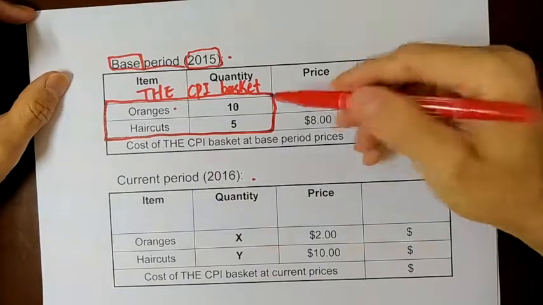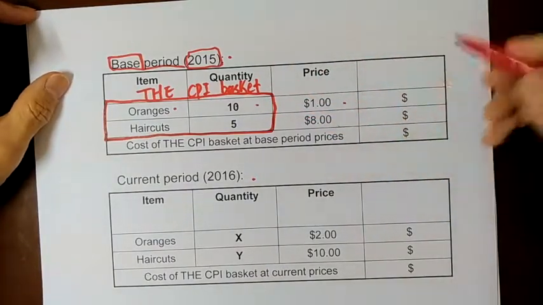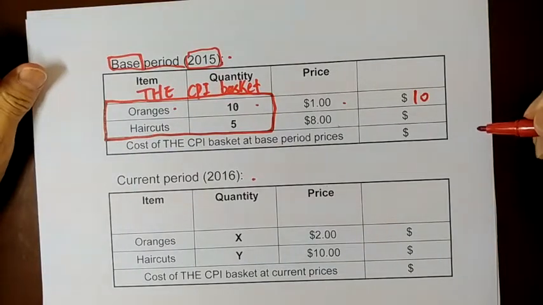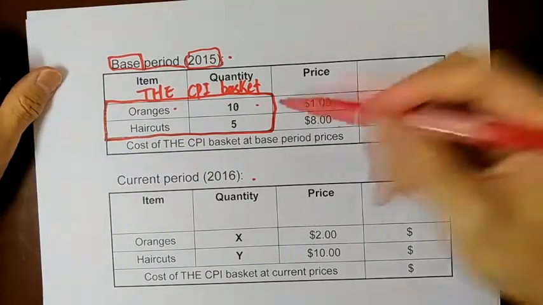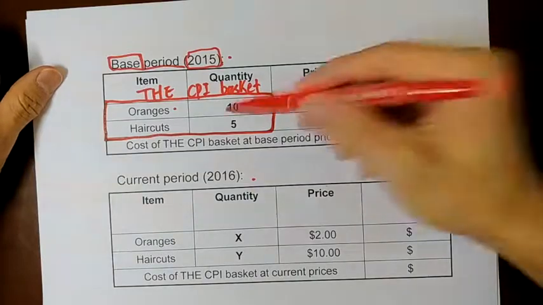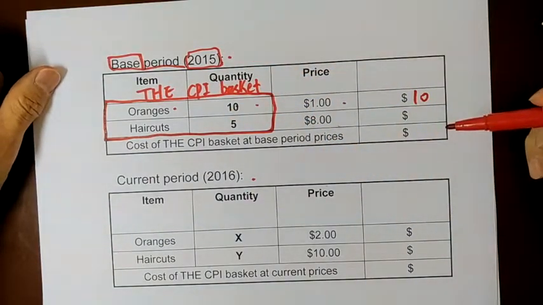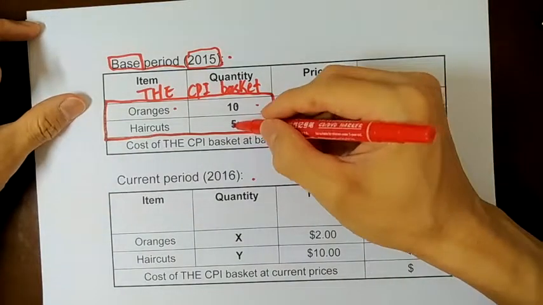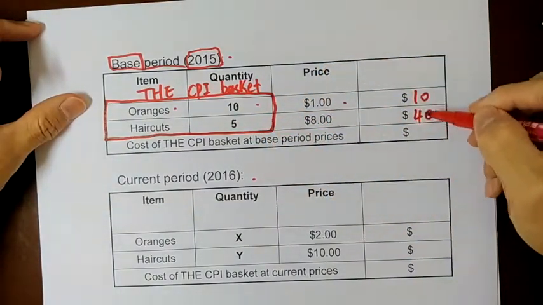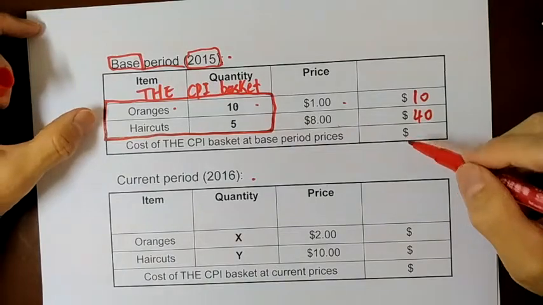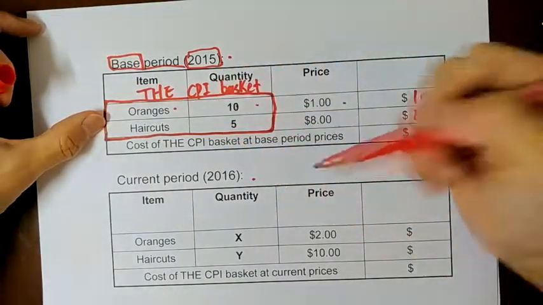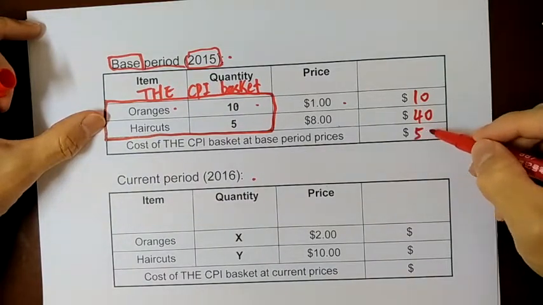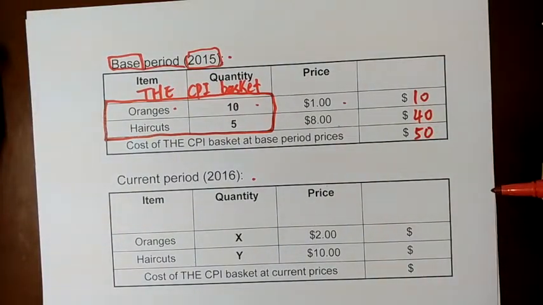The answer is 10 oranges, $1 each, so it's $10. What is the cost of buying 5 haircuts in 2015? The answer is $40, 5 times 8. So in order to buy 10 oranges and 5 haircuts in 2015, you have to pay $50.